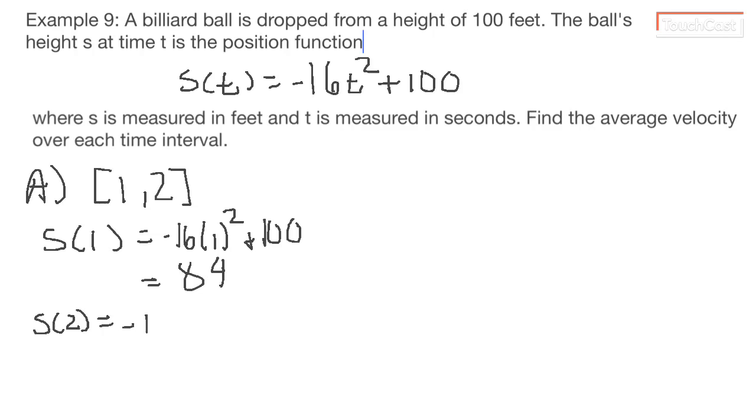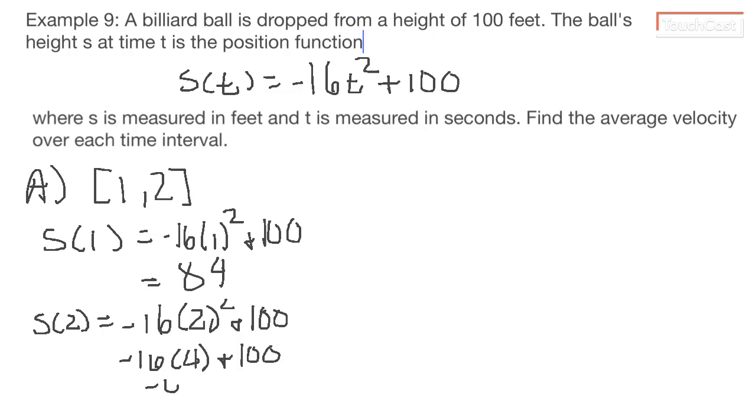So we've got negative 16 times 2 squared plus 100. Well, 2 squared is 4. Negative 16 times 4 is negative 64. If we add 100 to that, we're going to get 36.